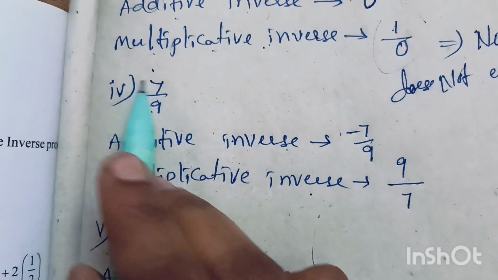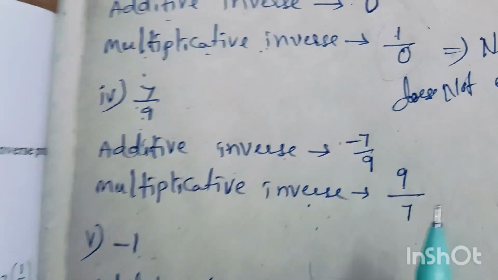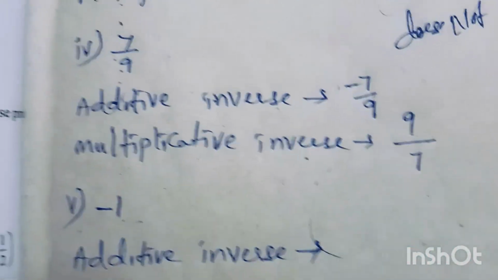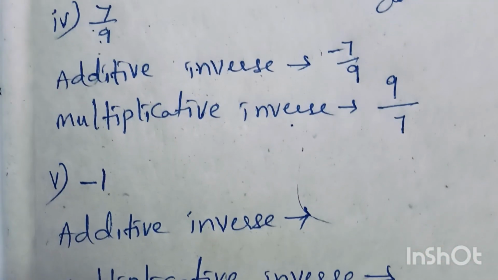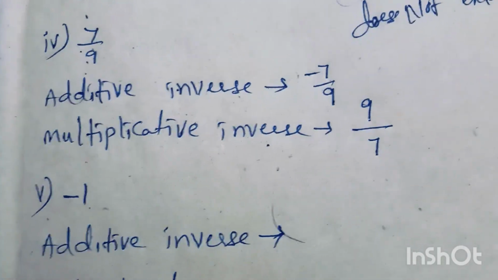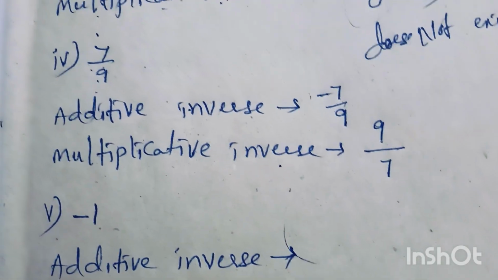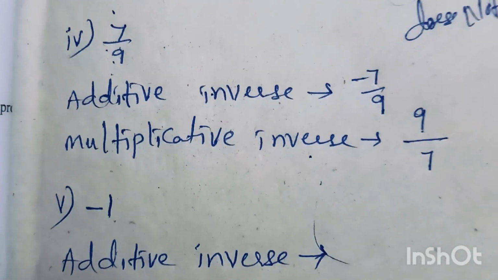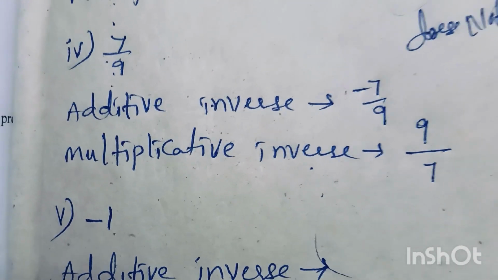It is positive, so positive only we should write. Don't change the sign in a multiplicative inverse. So remember: additive inverse means focus on positive or negative, and multiplicative inverse means focus on numerator and denominator.